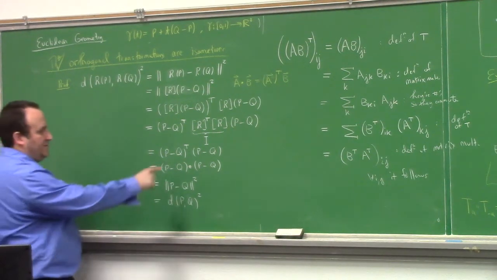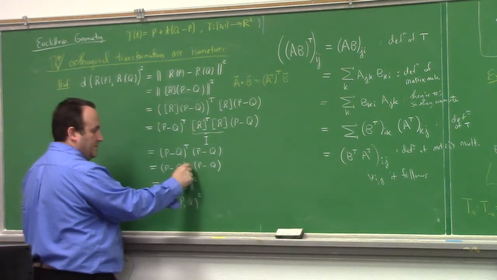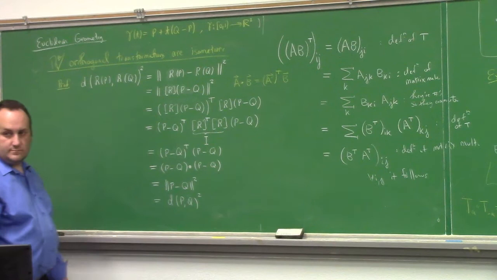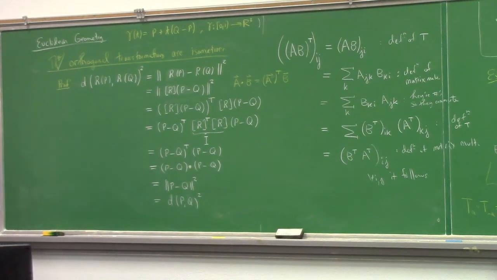I changed from a matrix product to a dot product. The row column product is the same as the dot product of the column vectors in that sense. This is the transference between row column products and dot products.